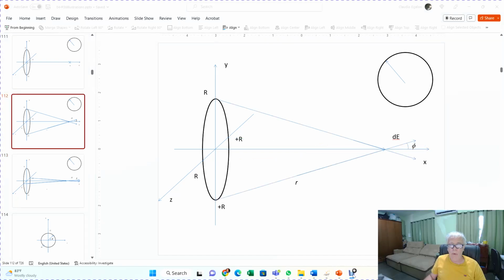So, going back to our ring illustration, we have those infinitesimal electric field contributions from those infinitesimal charged rings, and don't forget the ring is uniformly charged. That's why the electric field of this infinitesimal charge is equal to the electric field of this other infinitesimal charge.